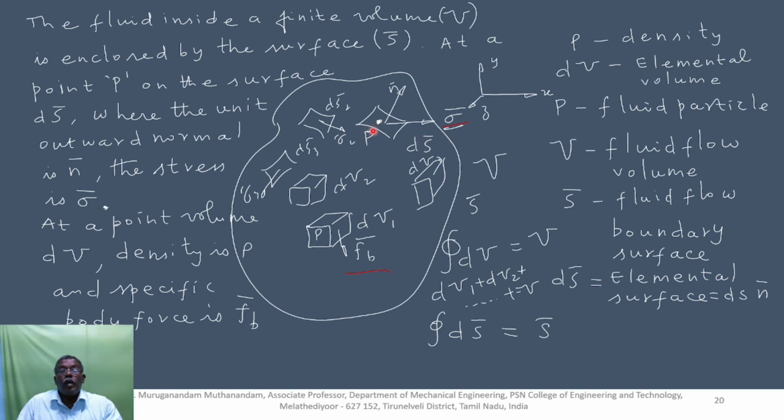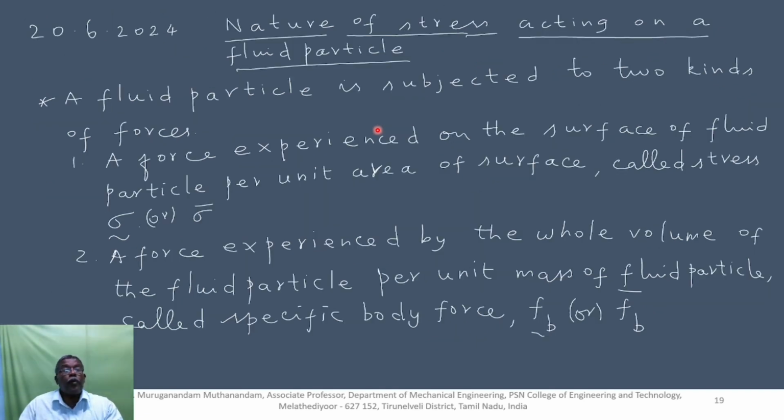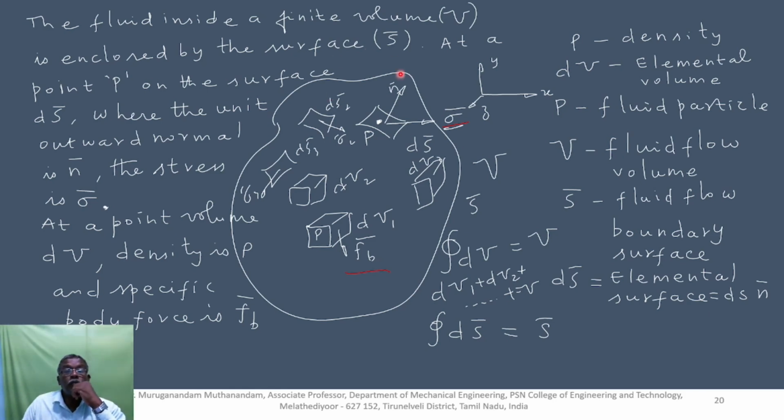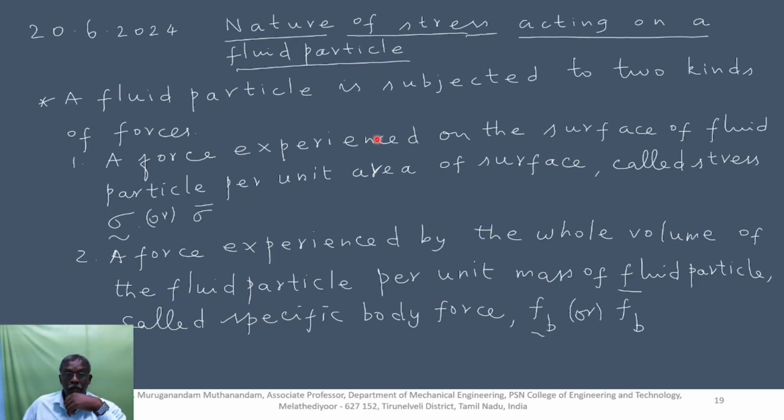We have a fluid particle P, which is on the surface. This fluid particle is subjected to two kinds of forces. We have fluid particles both on the surface and inside the control volume. I talk about the fluid particle P on the surface of this control volume, which is acted upon by two kinds of forces.